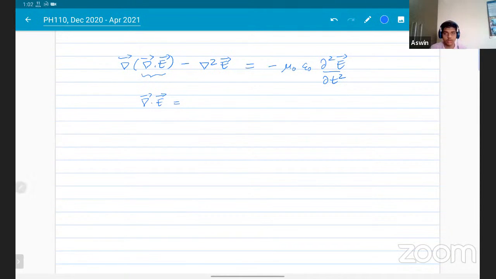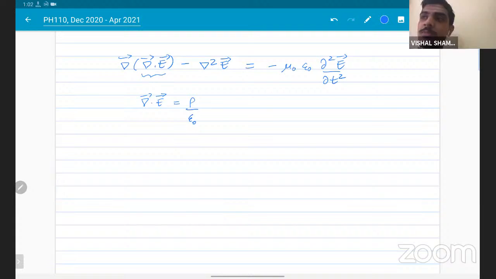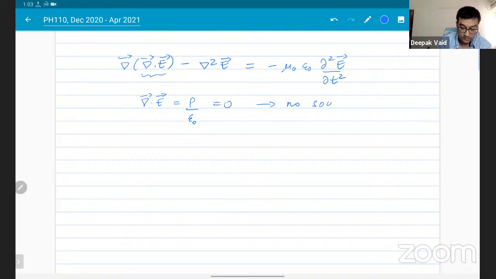Rho by epsilon naught. But we are assuming that there are no sources, there are no charges. So we are in free space. So this quantity becomes 0.